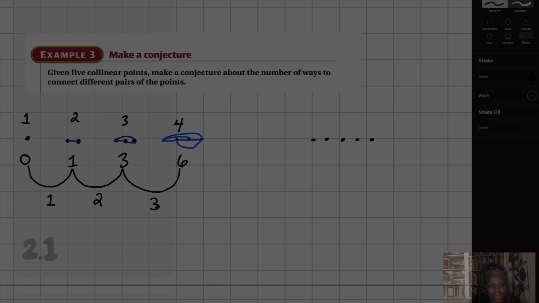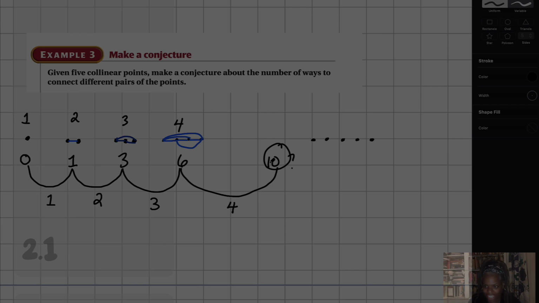What number comes after 3? 4, right? So I'm thinking that maybe 4 more. There might be 10 different connections if we have 5. This is my guess. This is my conjecture, just looking at this information. So my conjecture is that if I have 5 dots, it's going to be 10 different connections.